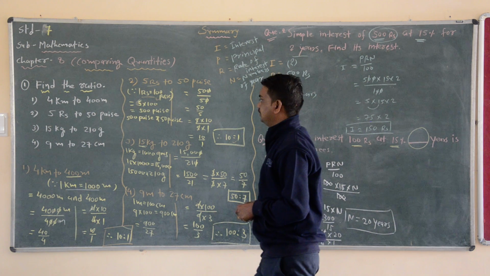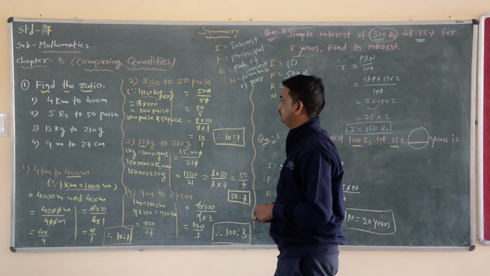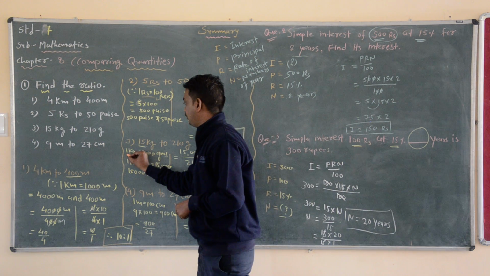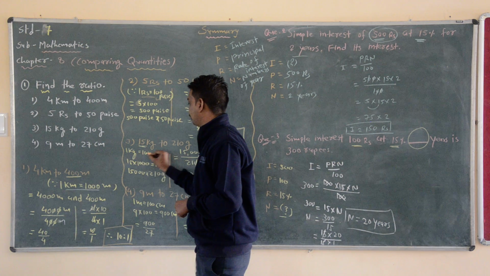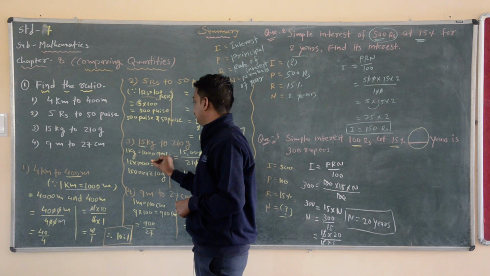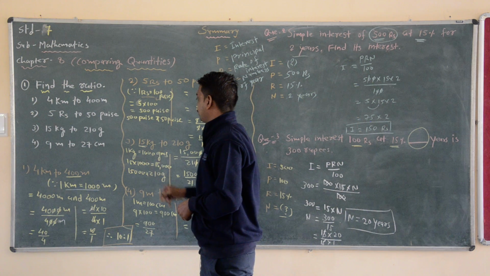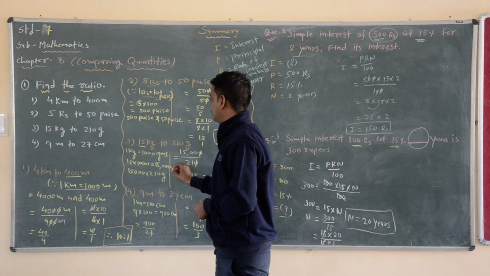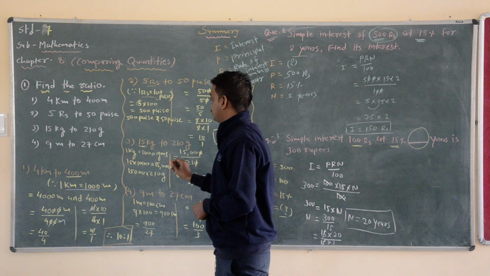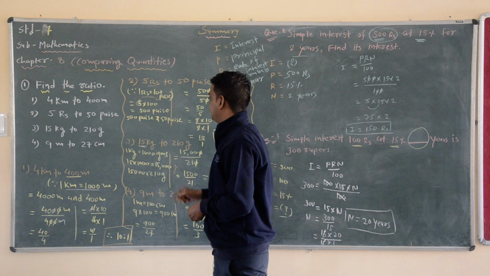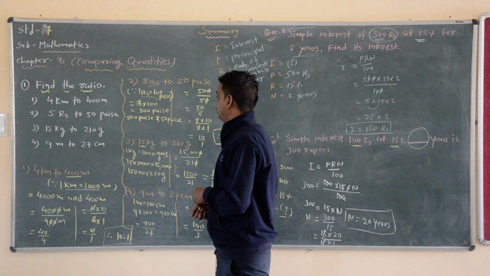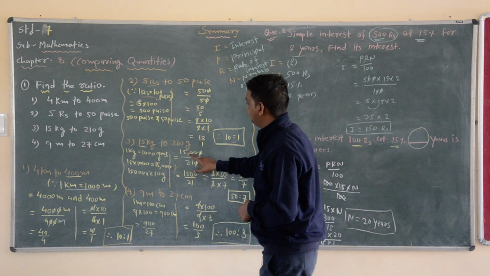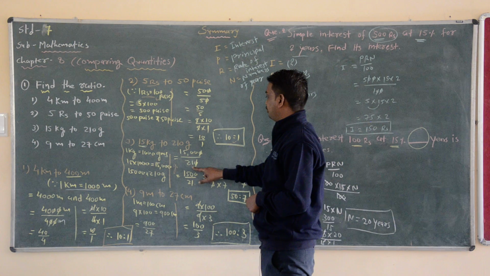Then the third sum, 15 kilogram to 210 grams. The relation between kilogram and gram is 1 kilogram is equal to 1000 gram. So 15 kilogram is equal to 15 multiplied by 1000, which is 15,000 grams. Now we find the ratio between 15,000 grams and 210 grams. We write 15,000 upon 210.